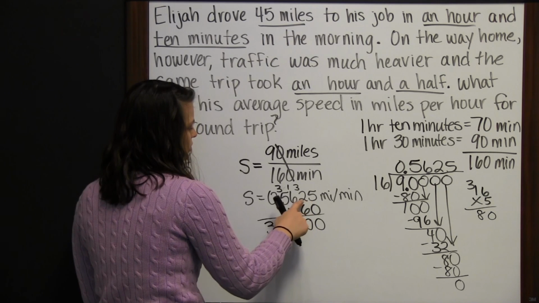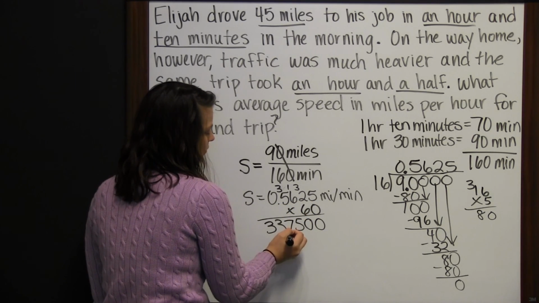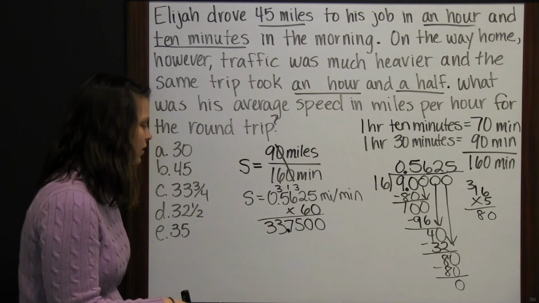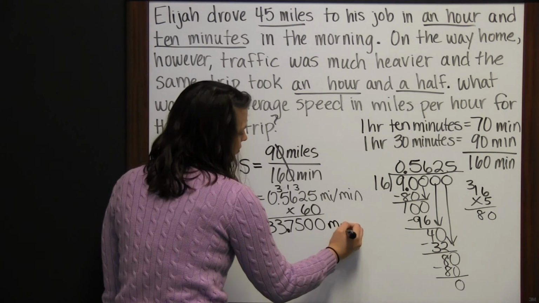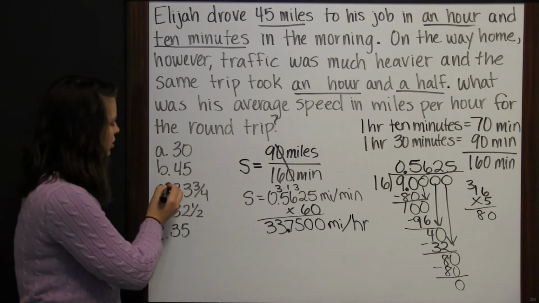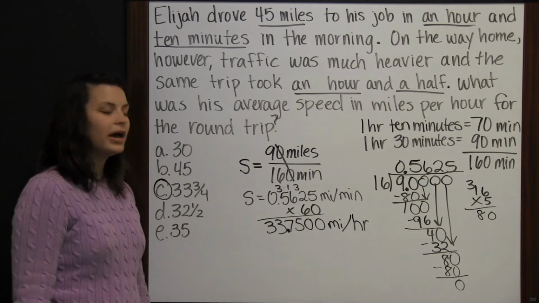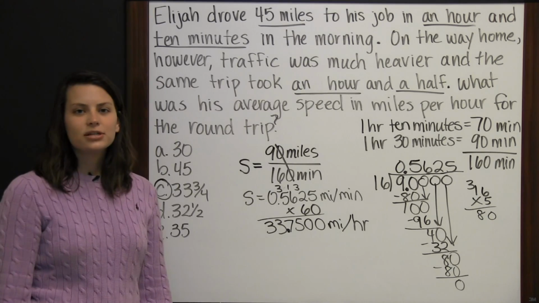And we have 1, 2, 3, 4 numbers behind the decimal. So your answer should have 4 numbers behind the decimal. So it's 33 and 75/100 miles per hour, which is the same as 33 and 3/4 miles per hour, since 3/4 and 75/100 are equal.